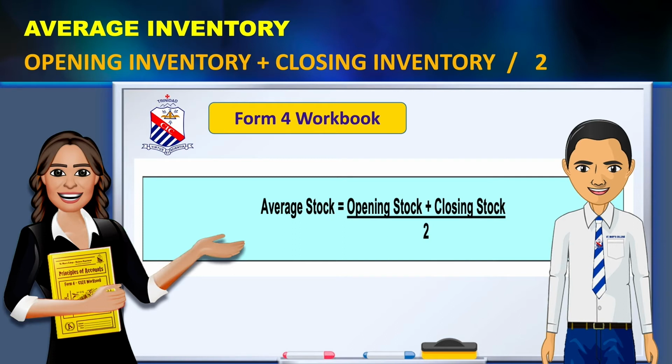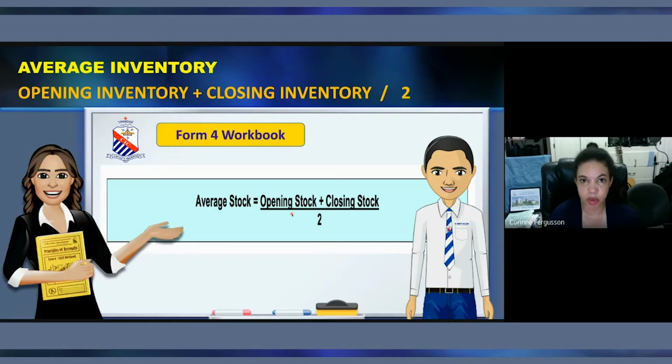Both of these figures you should get in your income statement. Remember, when you're calculating cost of sales, you start with your opening inventory, then you add purchases and less closing inventory. You will also see your closing inventory in your balance sheet, but if you're going to one area, the income statement, you will get both figures. So your opening inventory plus your closing inventory divided by 2 will give you your average stock.